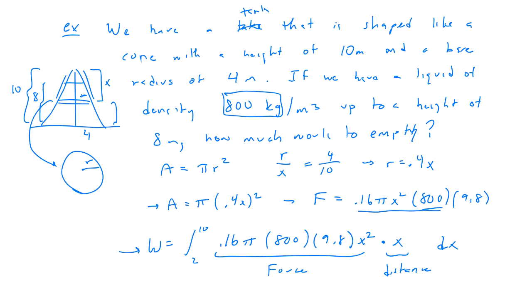So if you have a mass, you have to multiply by gravity to make it into a force, because force is equal to mass times acceleration. So this is g. Any other questions on this?